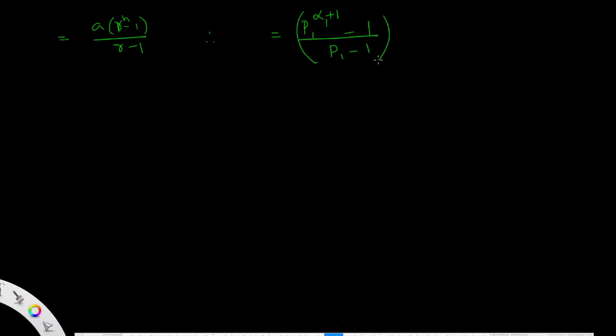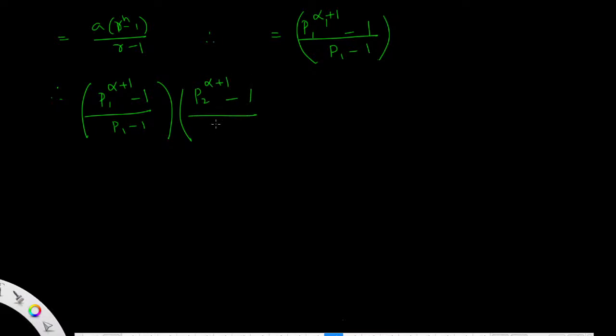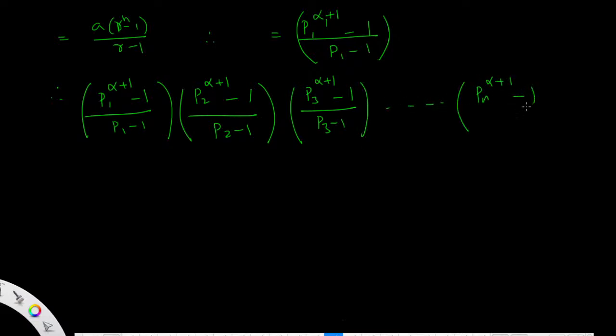Similarly the second term is P2 to the power of alpha 2 plus 1 minus 1 by P2 minus 1, and then P3 to the power of alpha 3 plus 1 minus 1 by P3 minus 1, and so on, that is Pn to the power of alpha n plus 1 minus 1 by Pn minus 1. This is the formula for the sum of all divisors.